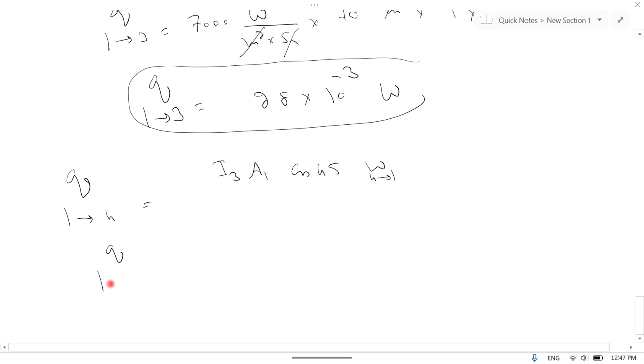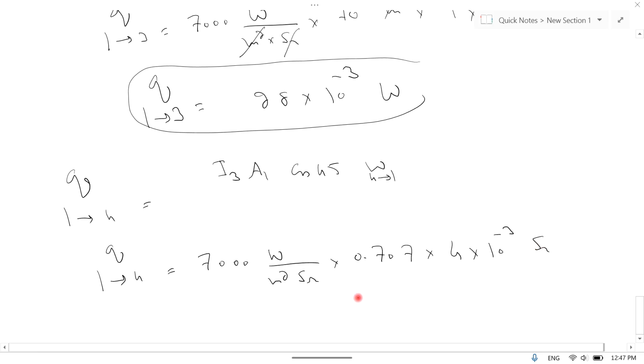Now put values here. Q from 1 to 4 is equal to I3, which is the same in all cases, 7000 watt per square meter per steradian. Cos 45 is 0.707 and the solid angle between surface A4 and A1 is 4 multiplied by 10 power minus 3 steradian.